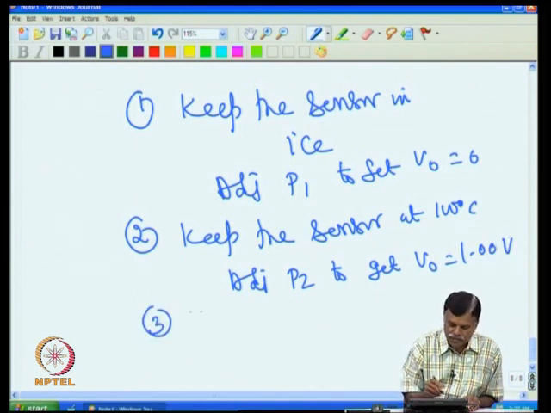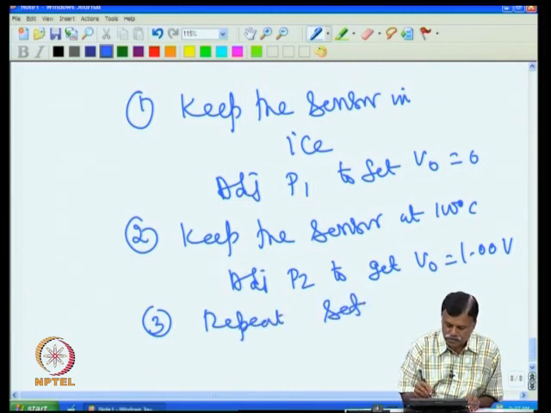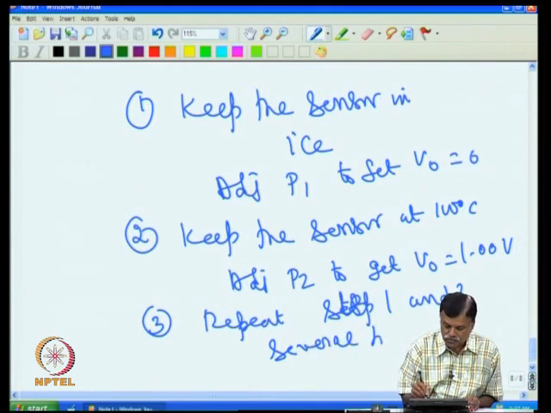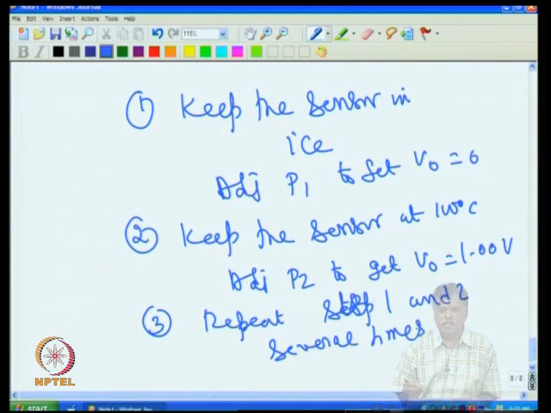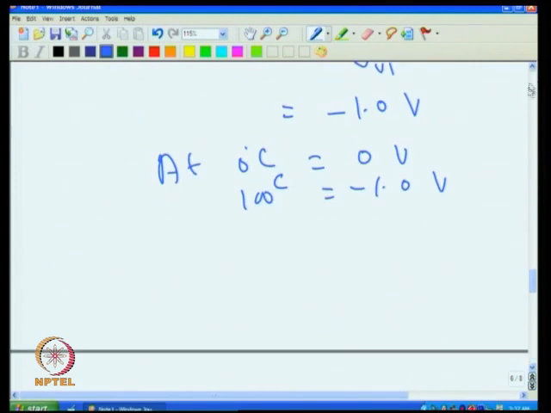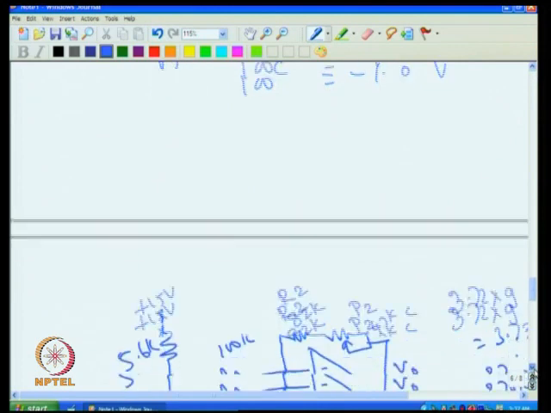Then repeat step 1 and 2 several times. That is how it is calibrated. Once it is done, then we can use this for temperature measurement.